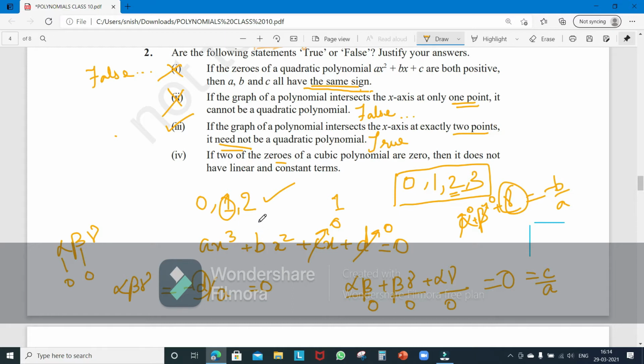So the equation reduces down to a x cube plus b x square equals 0. Now does it have any constant term? The constant term is the last one, d, which becomes 0, so it does not have one. And the linear term is also 0. So if two zeros of a cubic polynomial are 0, then it does not have a linear and a constant term, so it's true.